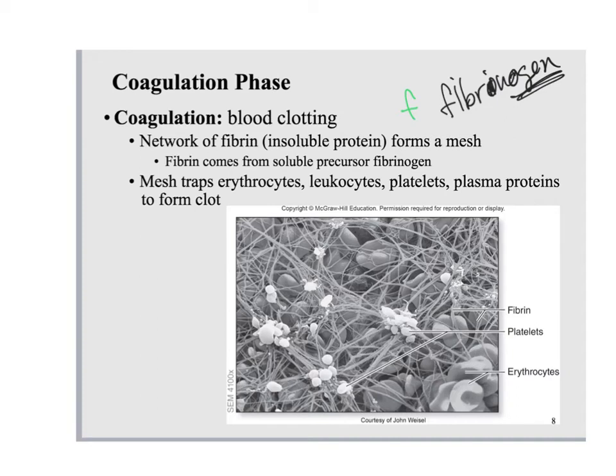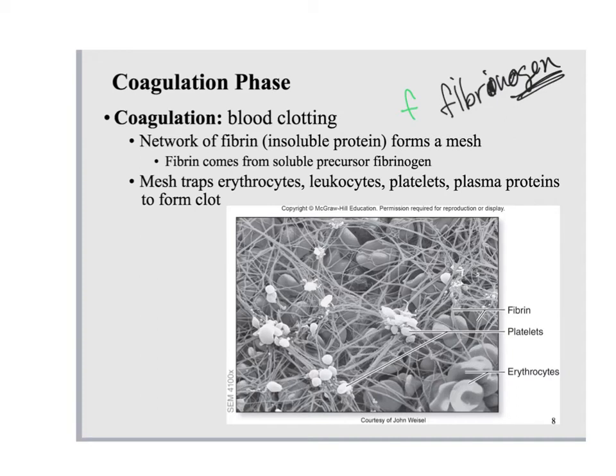The mesh that's going to be formed by this is going to trap the erythrocytes, leukocytes, platelets, and really form a clot, a plug, right? A permanent plug that's going to allow for the vessel walls to grow back and repair themselves, and then it'll be broken down and then replaced by healthy vessel walls.